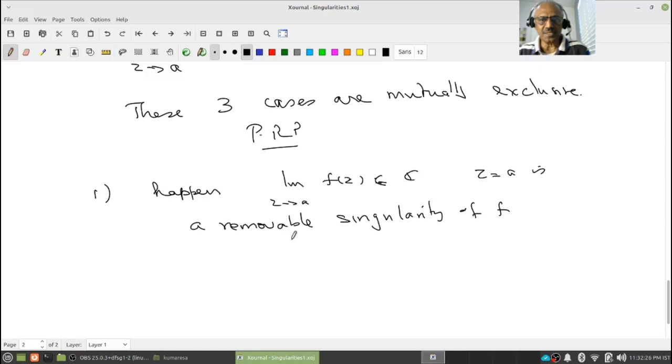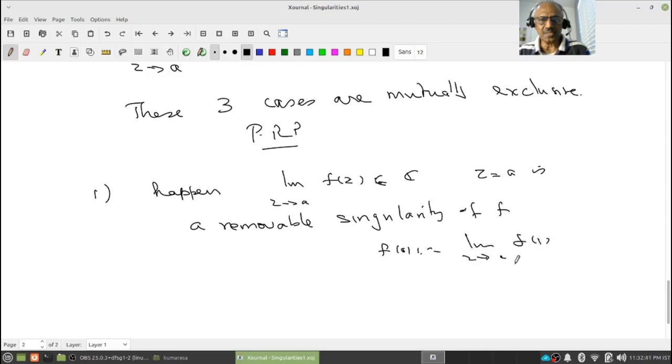Why do I call it removable? That means I can define f(A) to be the limit z tends to A of f(z).